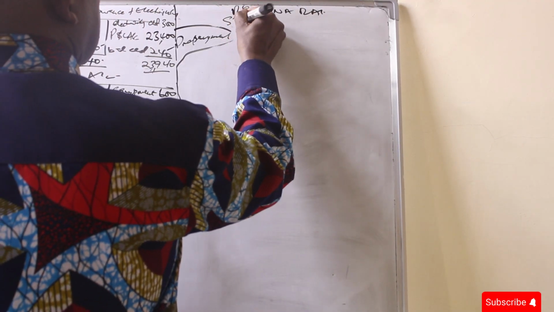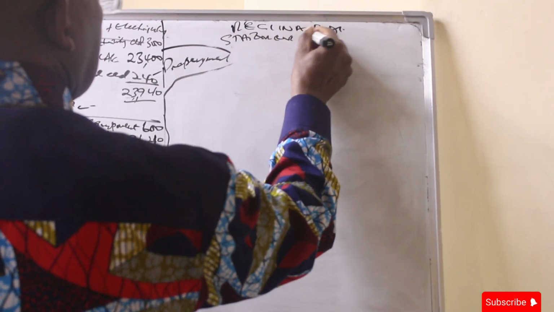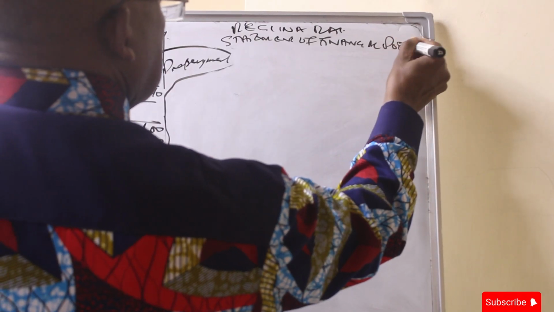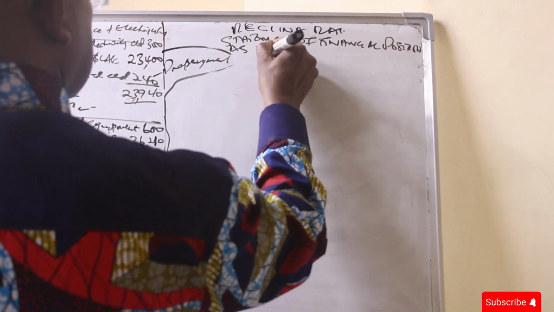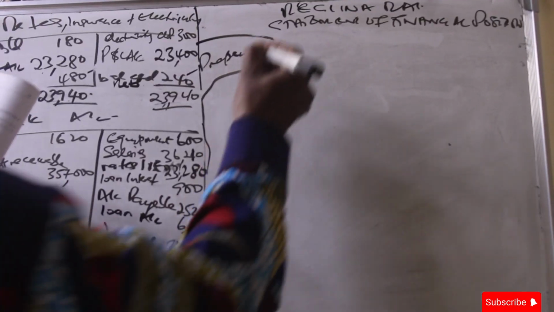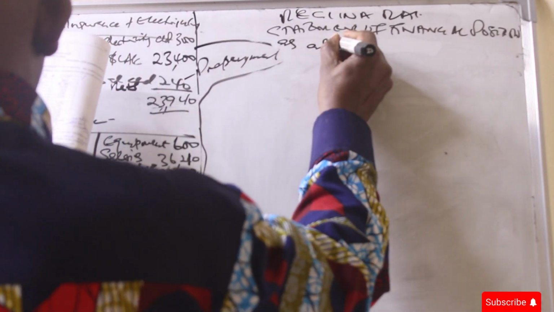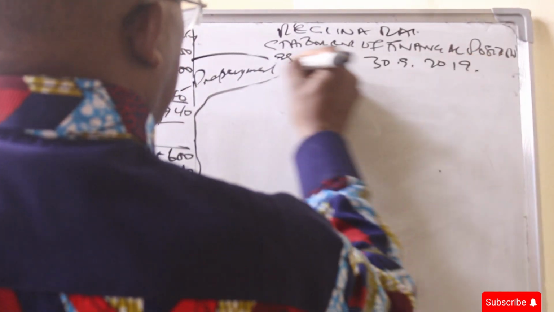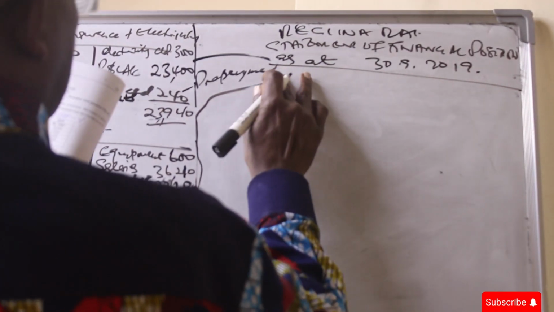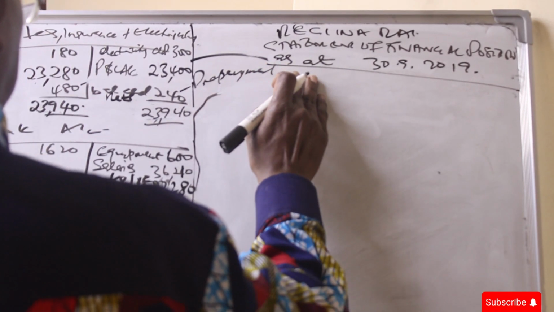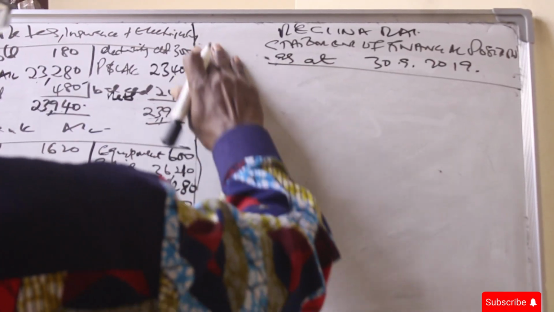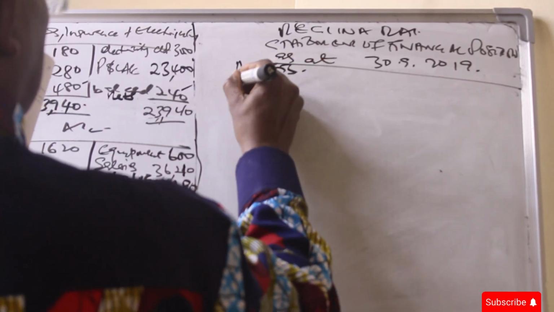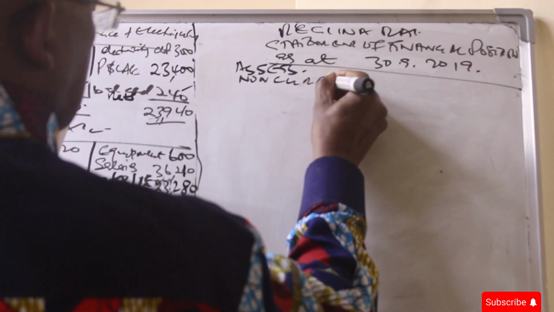Statement of financial position as at 30th September 2019. We can do a correction here, and we say assets, non-current assets.